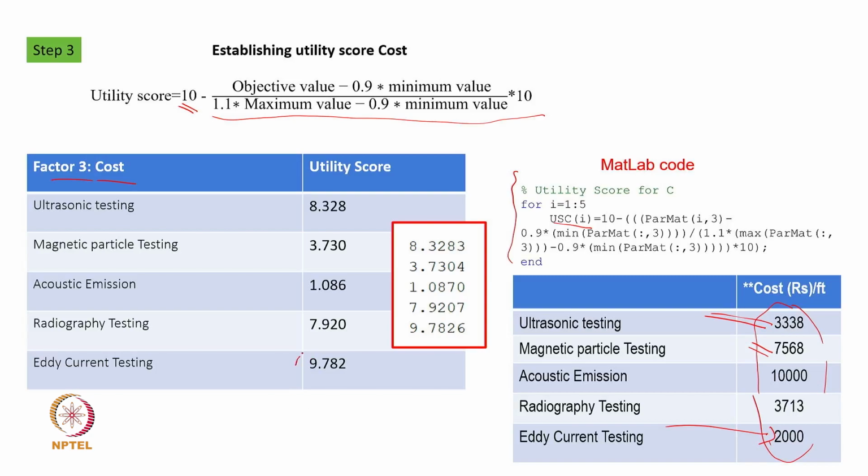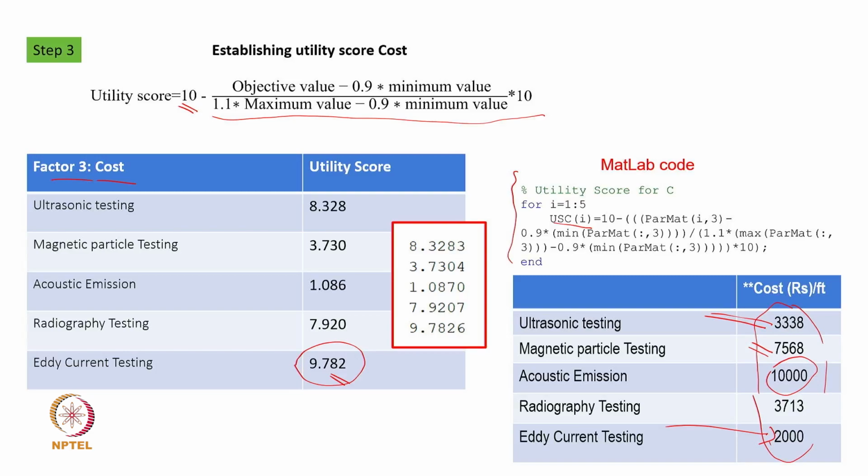In this case, you can see that it gets a maximum value of 9.782, and compared to this, for acoustic emission the cost is the highest. Again, I am mentioning that this has been picked up from the literature, but when we do our testing in our lab, we can come up with the right data.